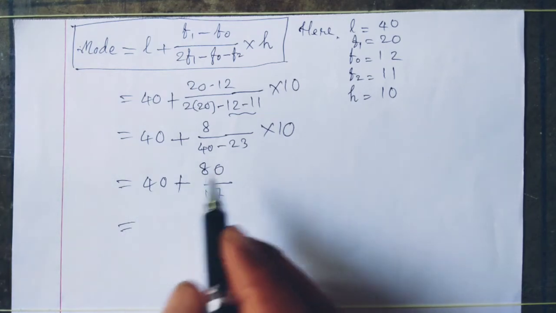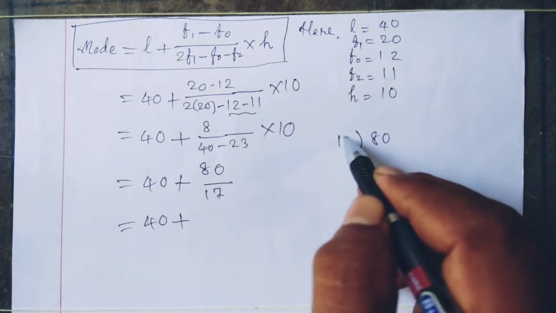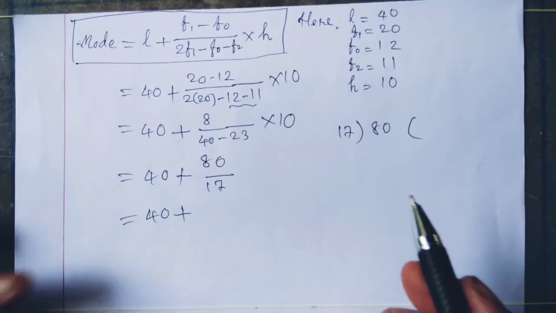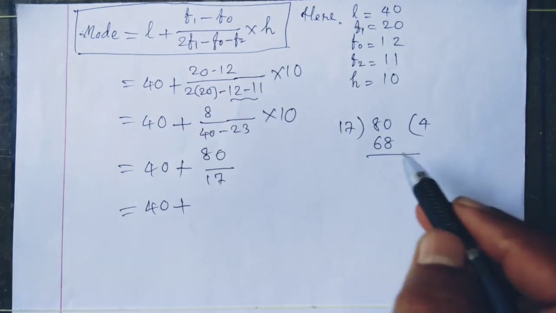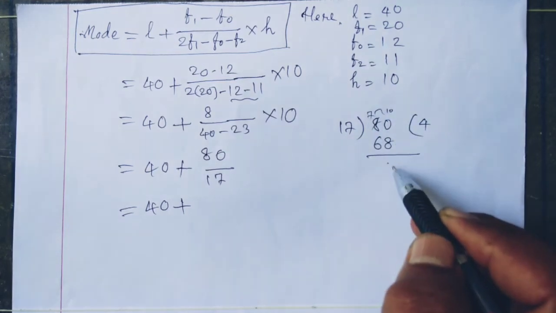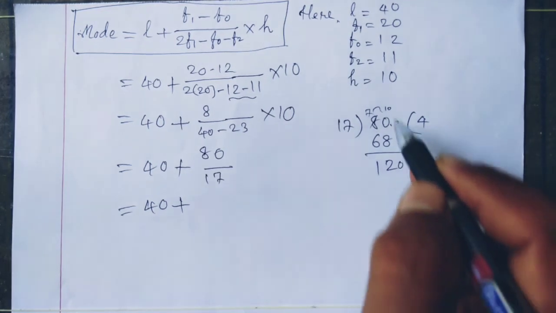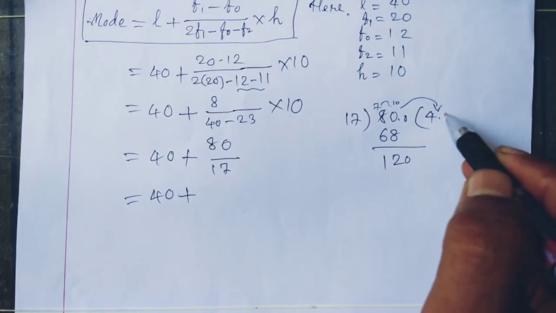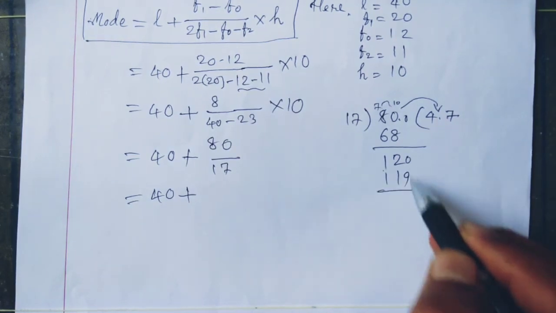We have to divide this 80 by 17. 80 with 17. First 17 fours are 68. 80 minus 68 is 12. Then 0, keeping this decimal point here. 17 sevens are 119.